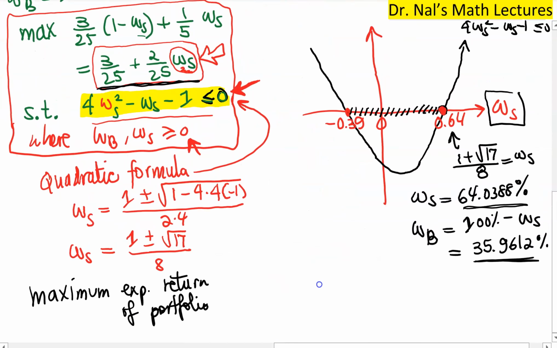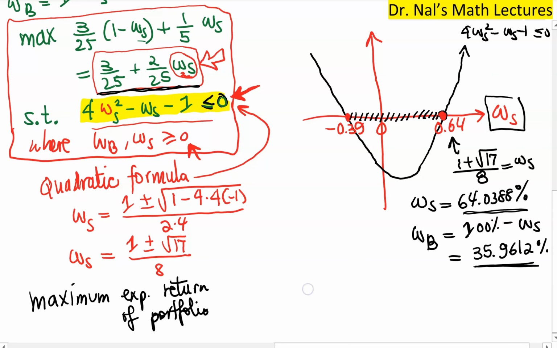Let me just bring this back here. All right, perfect. It is equal to 3 over 25, which as a decimal is 0.12, plus 2 over 25 times WS.